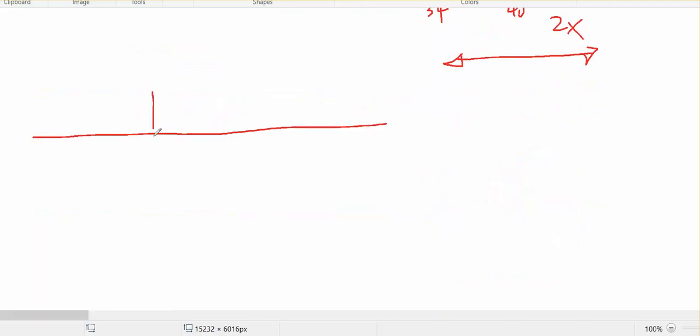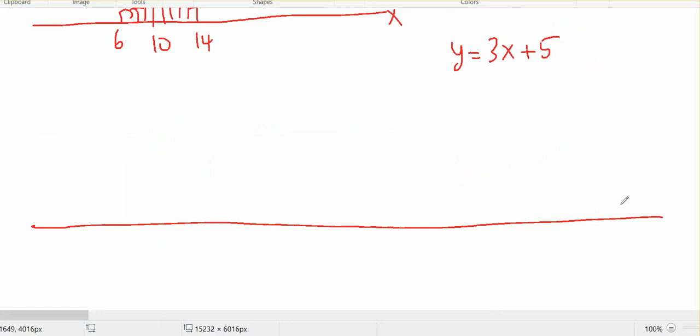If I consider x to be centred at 10, going up to about 14 and down to around 6, and I did y equals 3x plus 5, then I would expect my mean to get multiplied by 3 to get to 30, and then go out to 35. The expected value is multiplied by 3, then 5 is added.